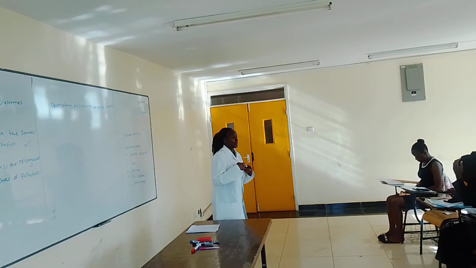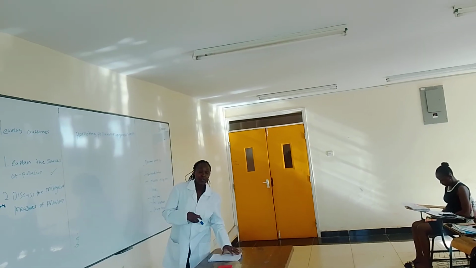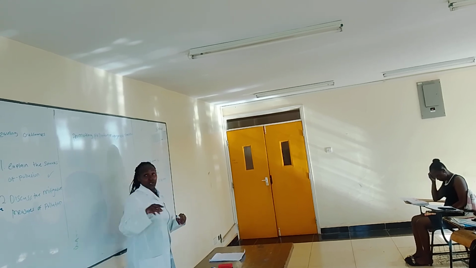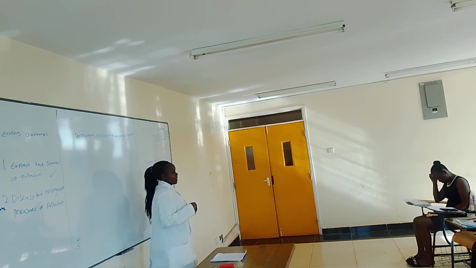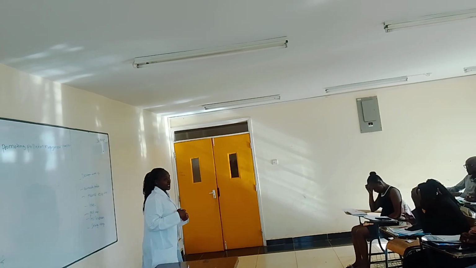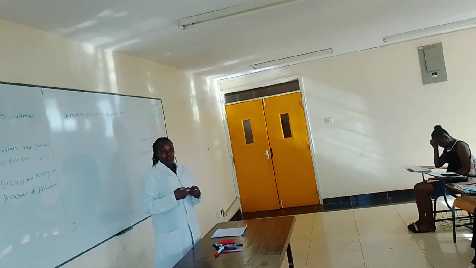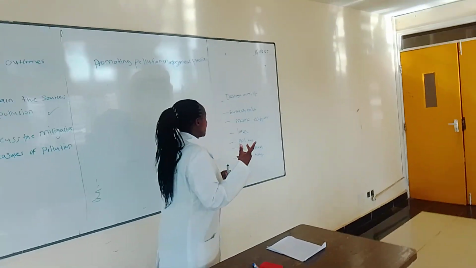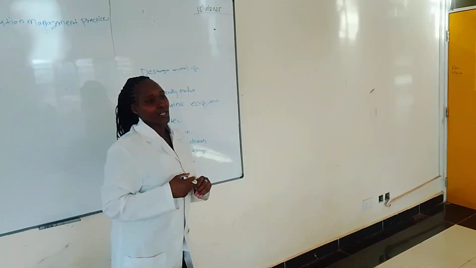Anything else, Maggie? Industrial waste. Industrial waste, very good. Industrial waste is a good example of sources of pollution. Fuels. Yeah, fuels, maybe the carbon that these vehicles produce. Very good. The next person?